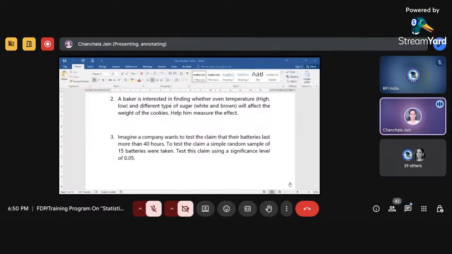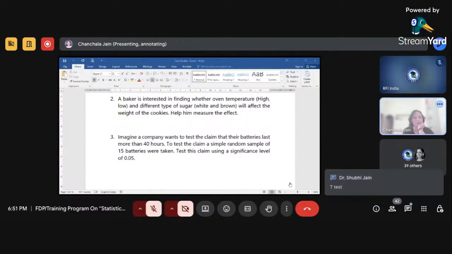Tanu ma'am is saying paired t-test. Okay. Any other opinion? Whosoever is writing t-test, please specify which t-test. That is important. Which t-test are you going to apply here? Anyone? Any other answer?